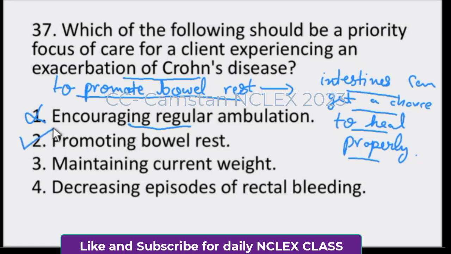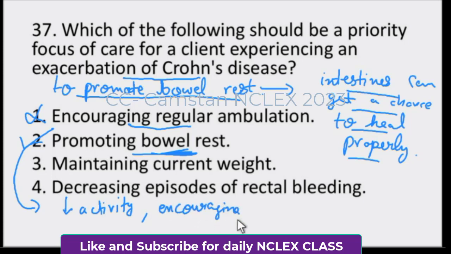Second one is promoting bowel rest. Second is correct, right? Now, how do we accomplish this promoting bowel rest? How is it done? It is accomplished through decreasing our client's activity, right? Encouraging the client to rest. And third is placing our client on nothing by mouth diet, right?